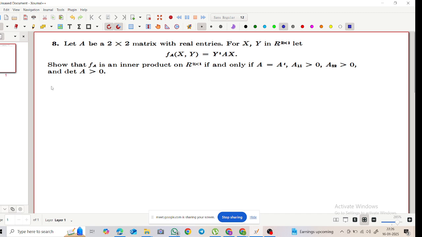So suppose A is A transpose, and A11 is greater than 0. So A will be the matrix like this.